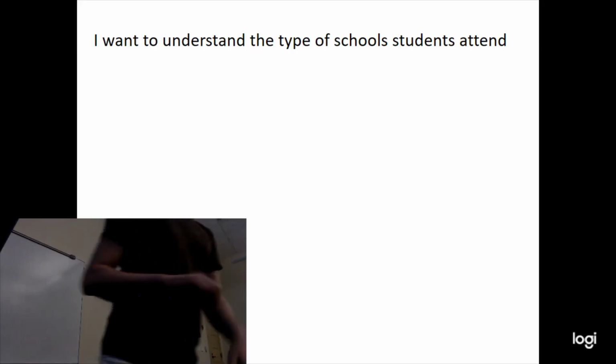So let's imagine instead of just trying to understand whether people get admitted to graduate school, we want to know something about where they were admitted. So, most are R1s, research-intensive institutions that have graduate programs.